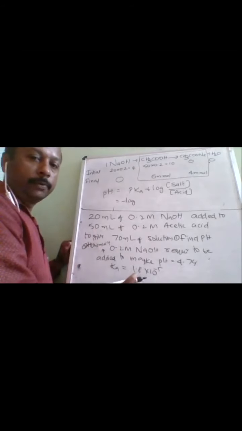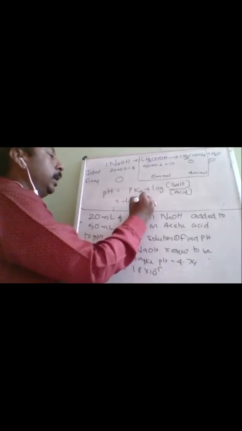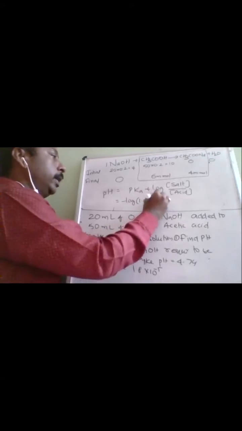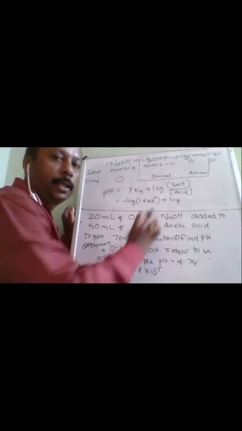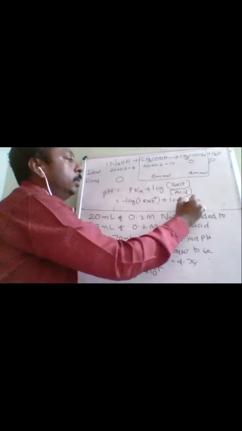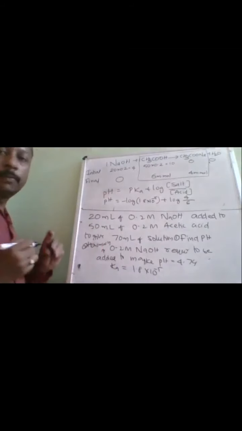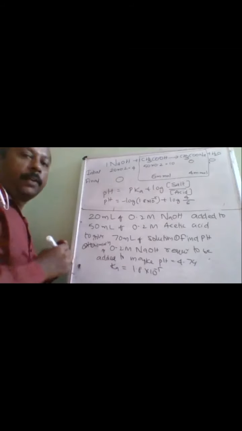You have to be very careful. pKa is negative log of 1.8 into 10 to the power of minus 5, plus log of concentration of salt upon acid. We can directly substitute moles. Salt moles are 4 and acid moles are 6. Now by simplifying, you will get pH.